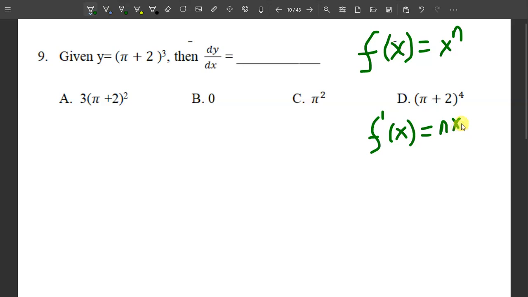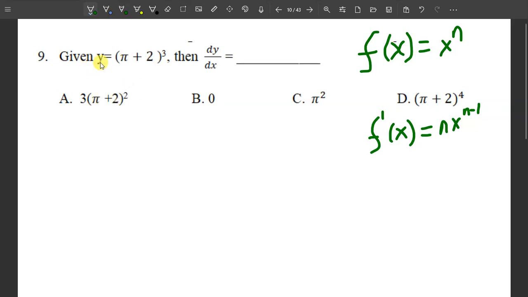Then if you apply this formula immediately and just multiply 3 by (pi plus 2) to the power of 3 minus 1, that is going to be the wrong answer.